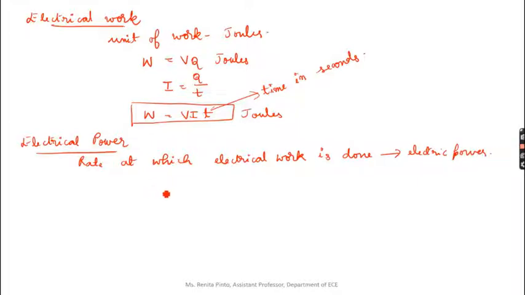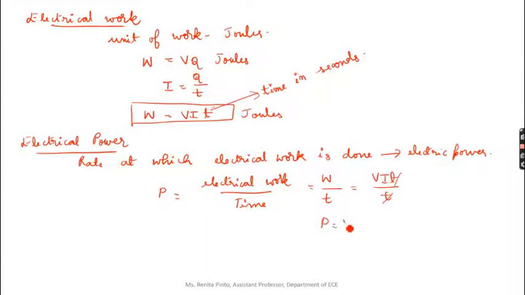So electric power P is given by electrical work divided by time T. What is W? W is V into I into T, divided by T. So electric power P is given by V into I.